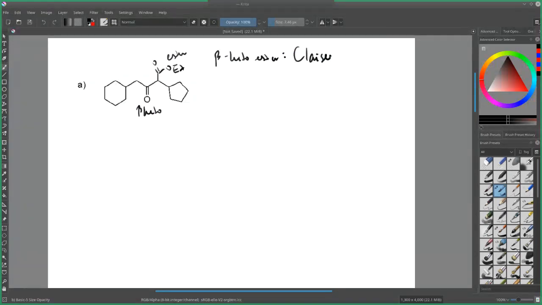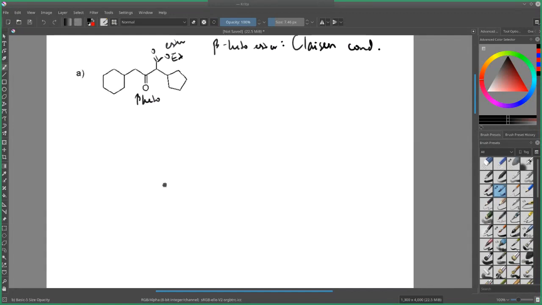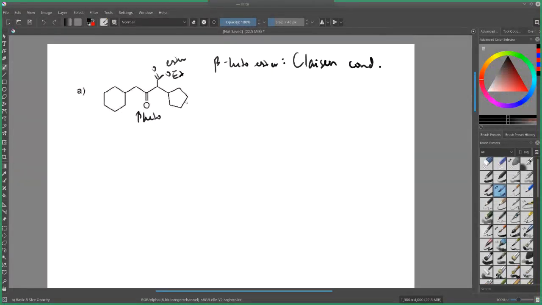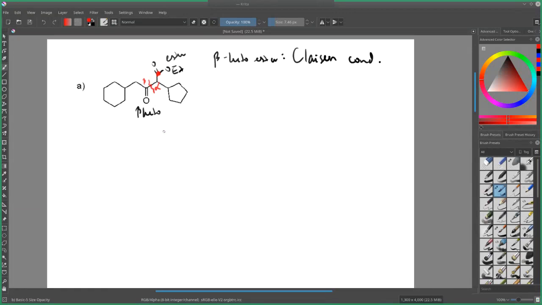So a Claisen condensation does. And what that means is that we should go back and start with an ester. So we have this ester here, so let's go alpha, beta, and then cut it there.